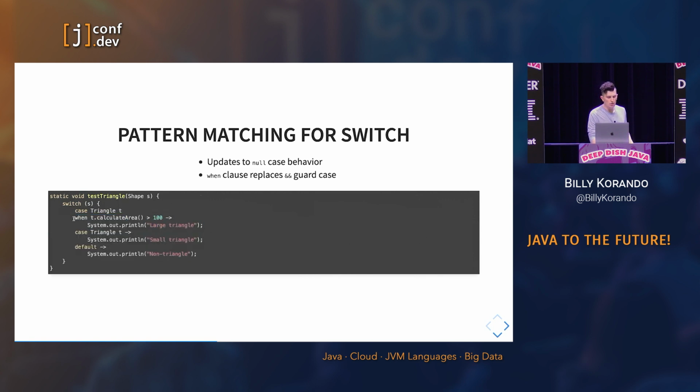And we're also allowing a when clause to further test that pattern variable for any additional checking that needs to be done, instead of putting an if statement within the body of the case saying, if this triangle is greater than 100, then it's a large triangle, and else printing out that it's a small triangle. We can put all that within the case label of a switch instead of separating it out into an if statement within the case.